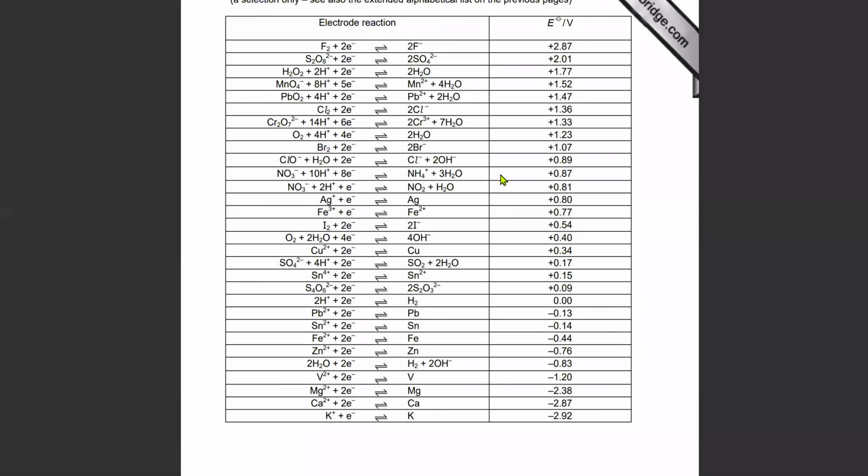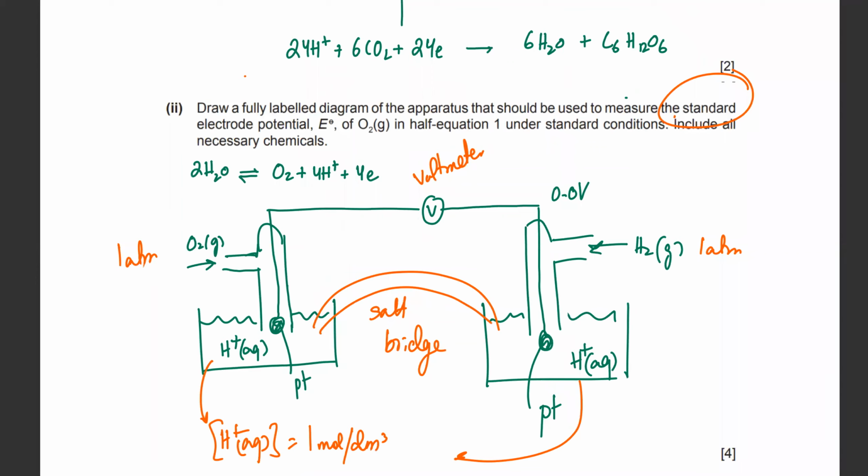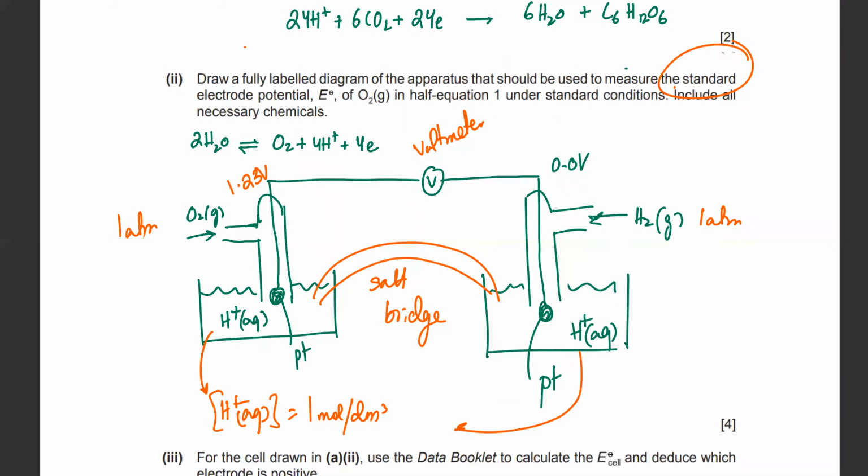This is the electrode that he's talking about: H2O with O2 and 4H plus 1. So that's 1.23 volts. So this side is 1.23 volts, and this other side is your 0 volts.